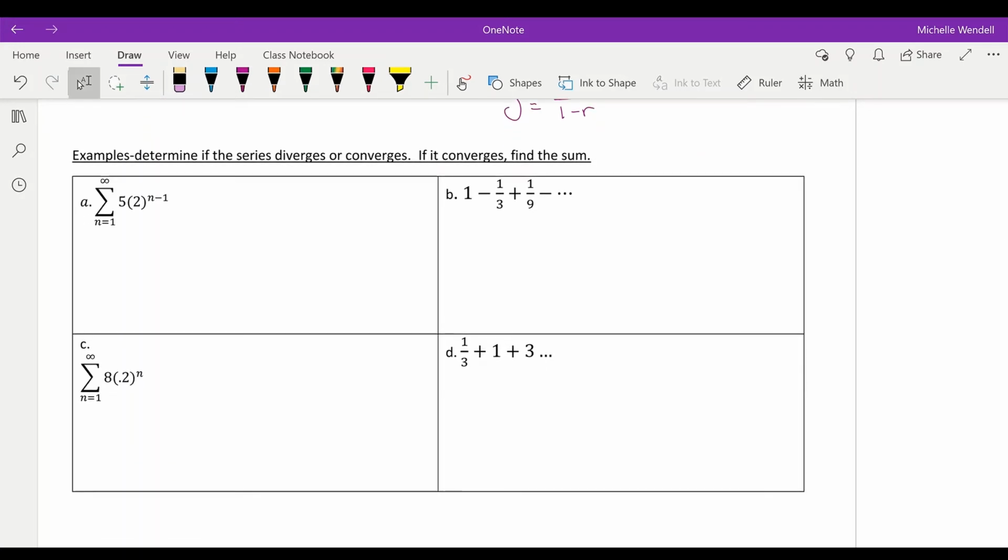Alright, so in these examples, we have to determine if the series diverges or converges, and if it converges, we'll find the sum. So in this first example here, we need to find our ratio to determine if it diverges or converges. So it looks like it's 2 here, but let's double check, just in case.